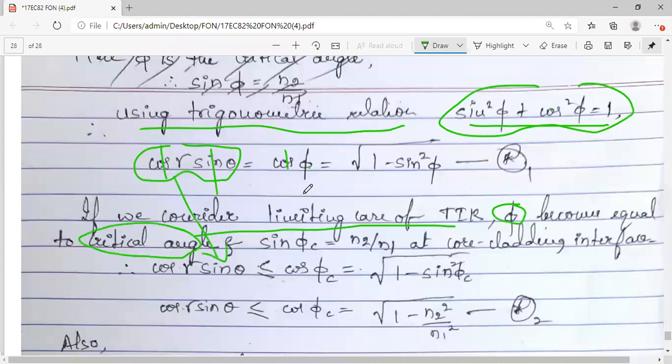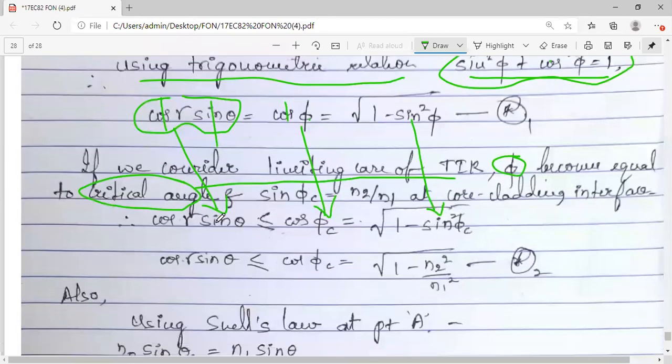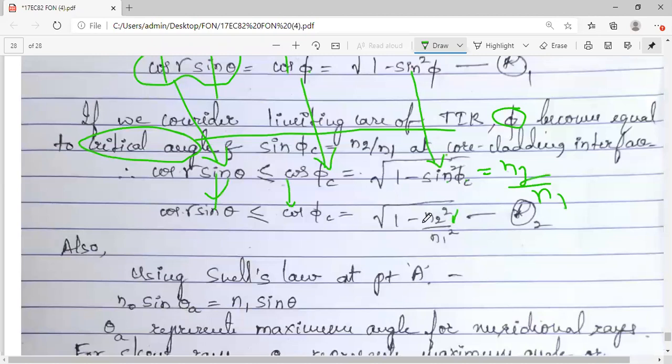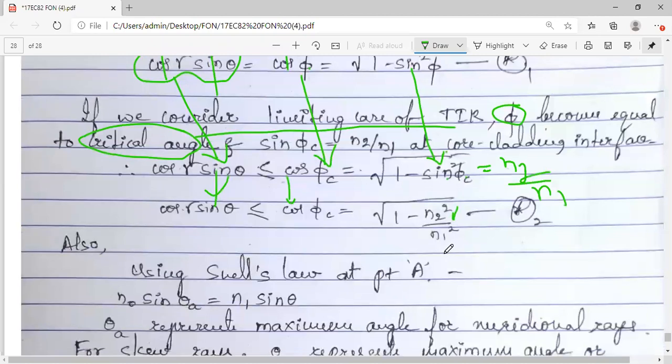Cos gamma sine theta is equal to the square root of 1 minus sine square phi c. Here sine phi c is equal to n2 by n1. We have already used this equation. I have substituted that square term, so 1 minus n2 square by n1 square.